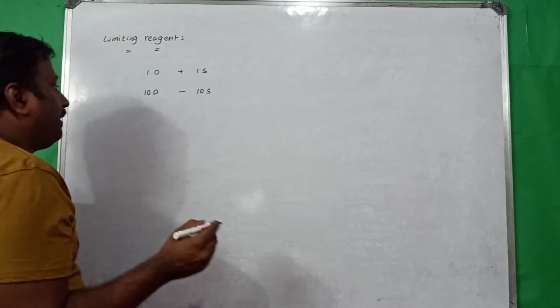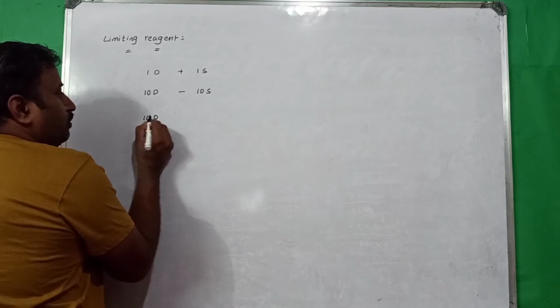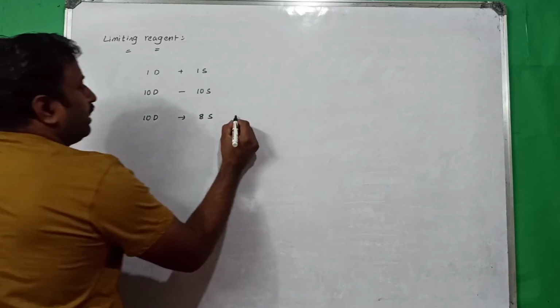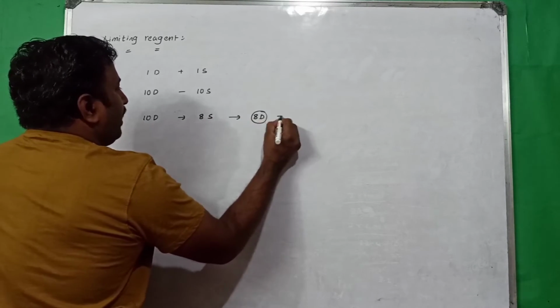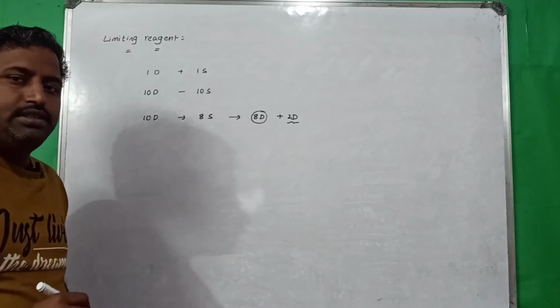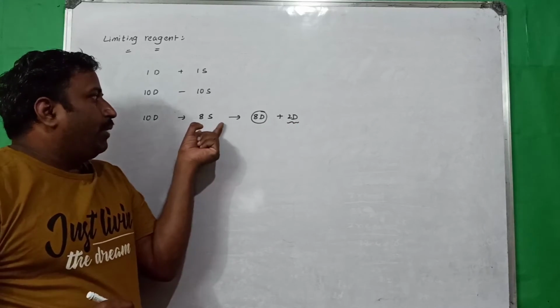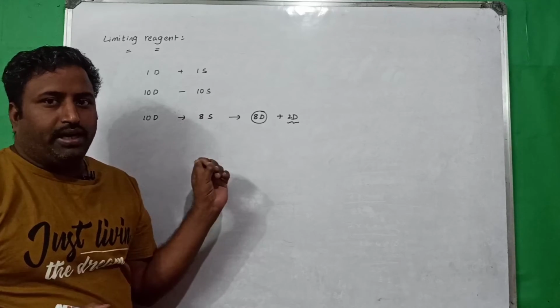But unfortunately, if you have 10 dosas but you have only 8 spoons of chutney, then you can eat only 8 dosas. The remaining 2 dosas will be left over, since you are not able to eat them because the amount of chutney present is less in quantity.